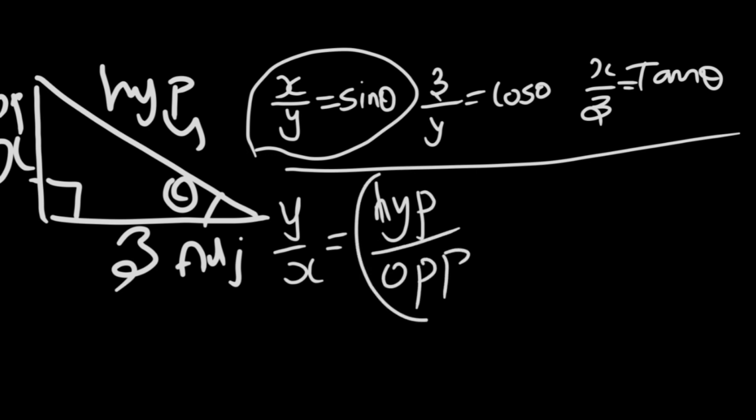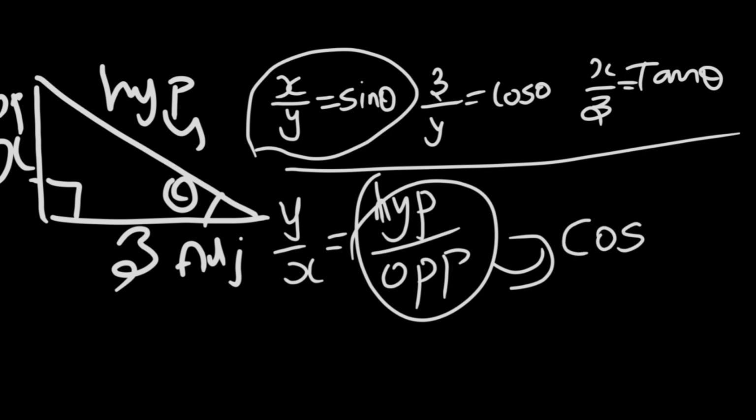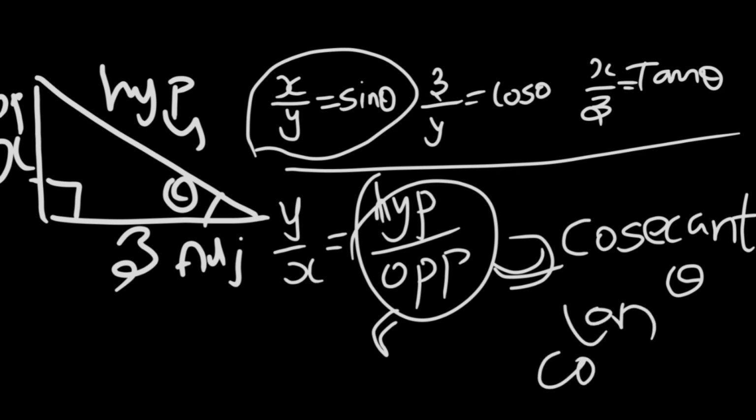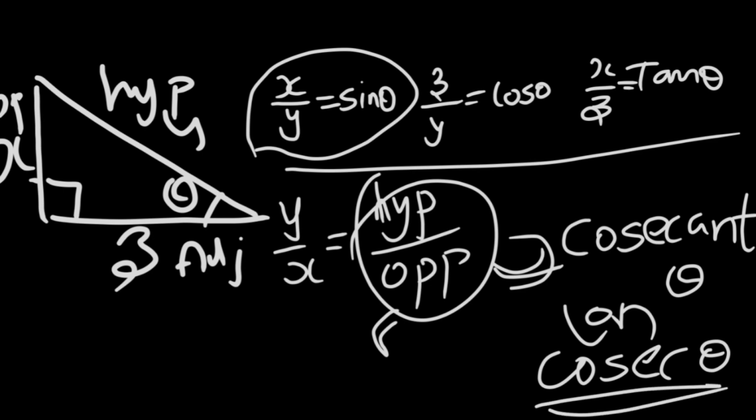They have kept the name of this ratio as cosecant theta. So hypotenuse by opposite, which is the reciprocal of sine theta, is cosecant theta, and we can also write it as cosec theta. That's it, the short form of cosecant theta.